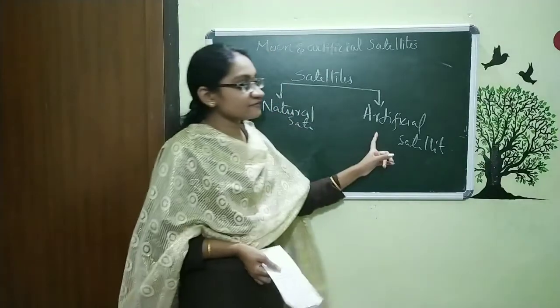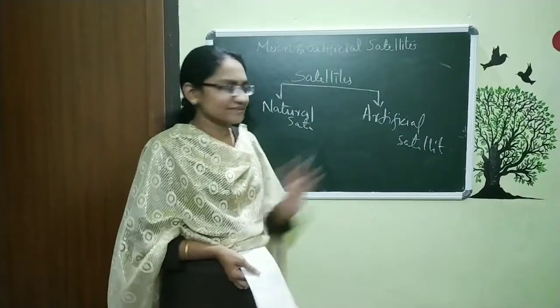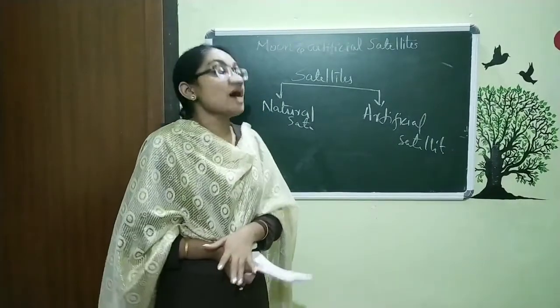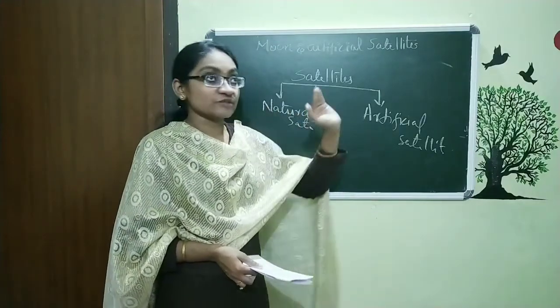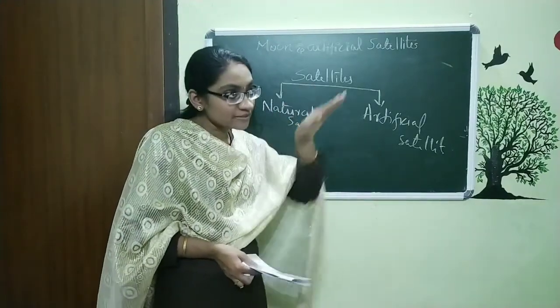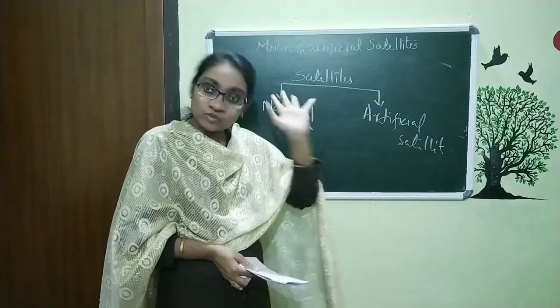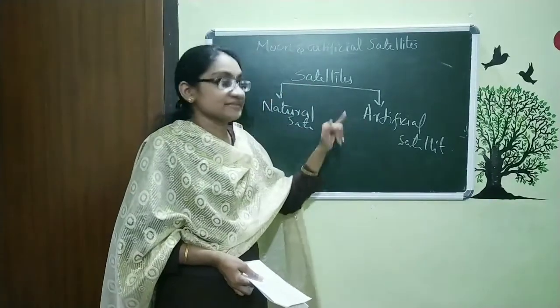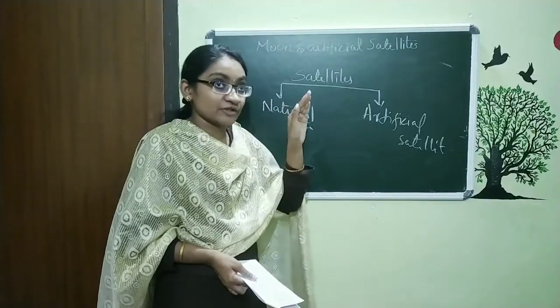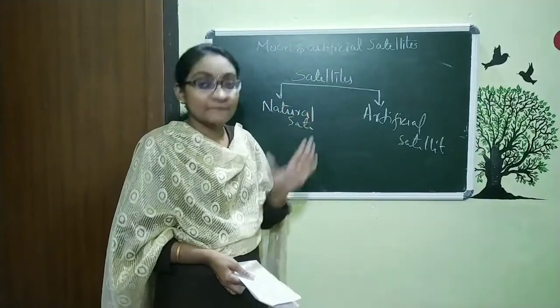We already studied everything about the natural satellite. Now, the thing left is the artificial satellite. What is an artificial satellite? An artificial satellite is a satellite launched by human beings, launched meaning we are sending it to space, for a particular purpose.